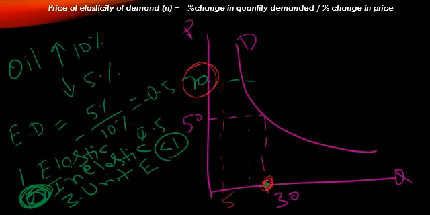Maybe the quantity is only 5. There is too much change in the demand here because you have a lot of substitutes available in the market. So this is called elastic demand. For elastic demand, the value will always be greater than 1.